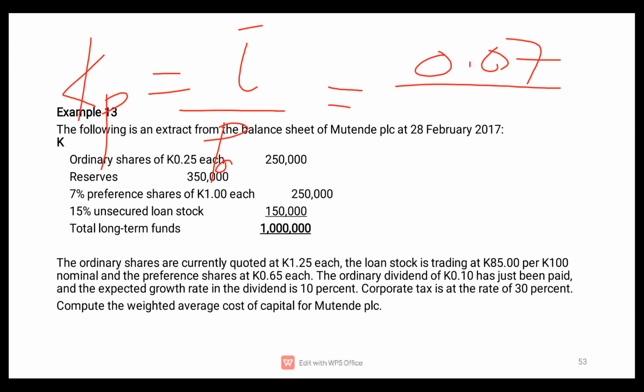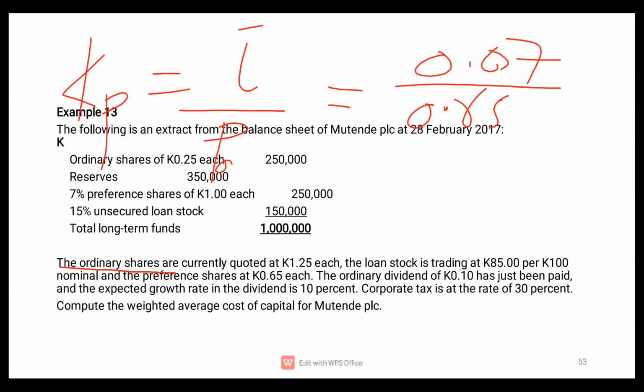The question says the ordinary shares are currently quoted at 1.25 each. The loan stock is trading at 0.85, which is the same as 85 kwacha per 100 nominal. And the preference shares are trading at 0.65 of the nominal value.